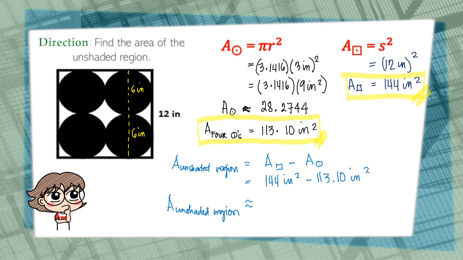So 144 minus 113.10 equals 30.9 inches squared. And now this is our final answer for the area of the unshaded region.